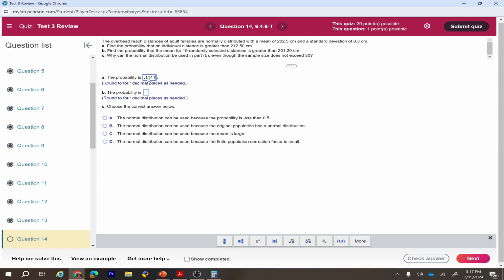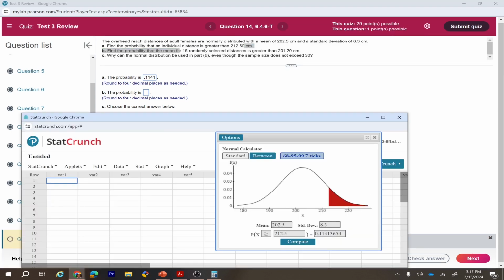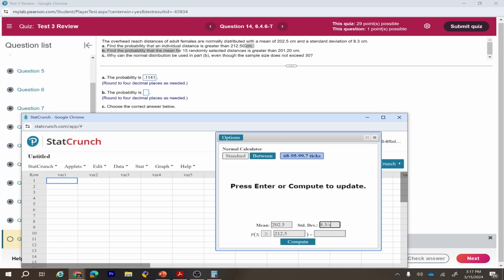If you want to do the same thing but for 15 randomly selected samples, then you have to divide this standard deviation by the square root of 15. That's the formula. Now this time if you try to find the probability, it will be different.